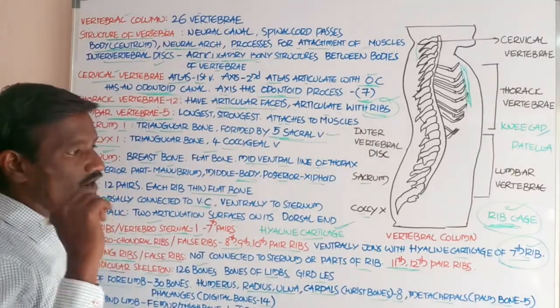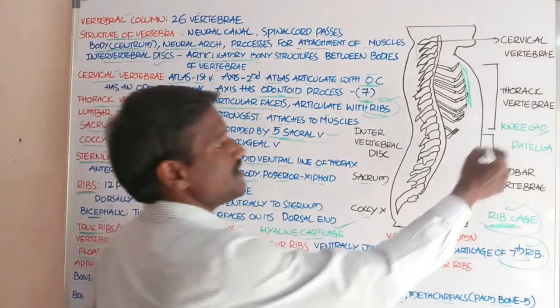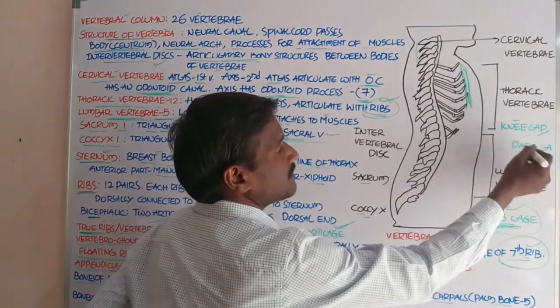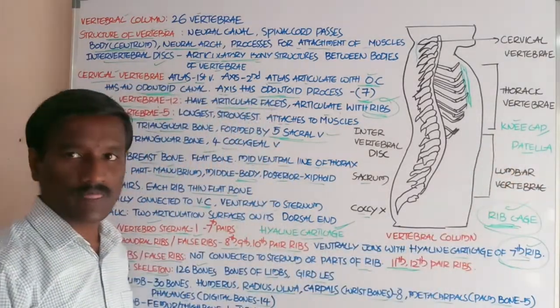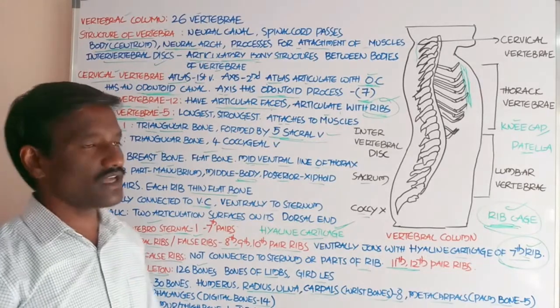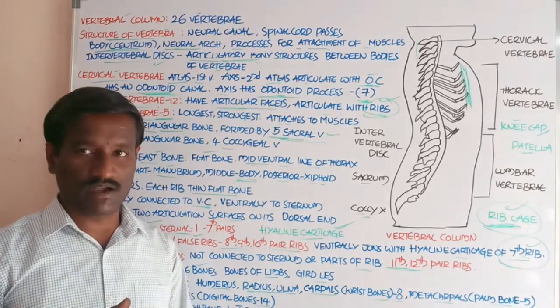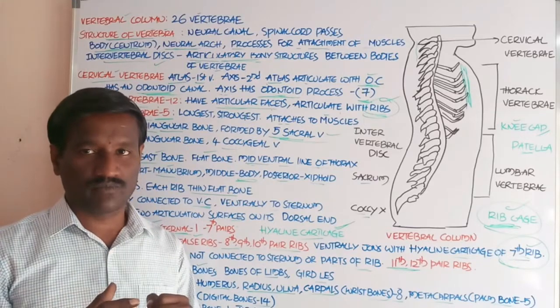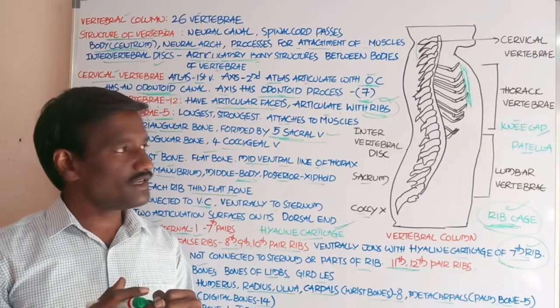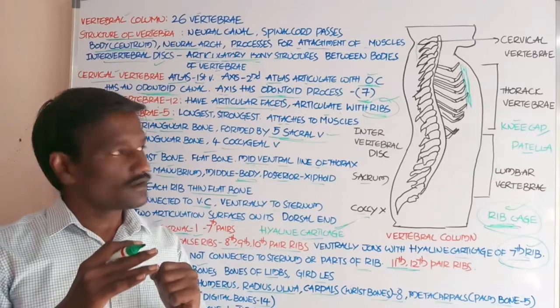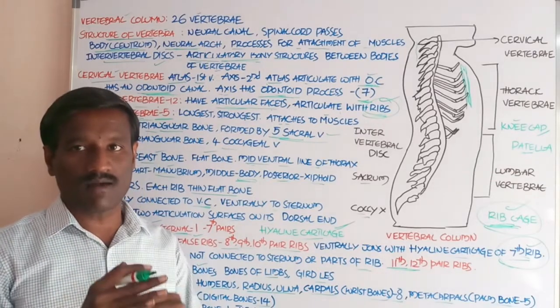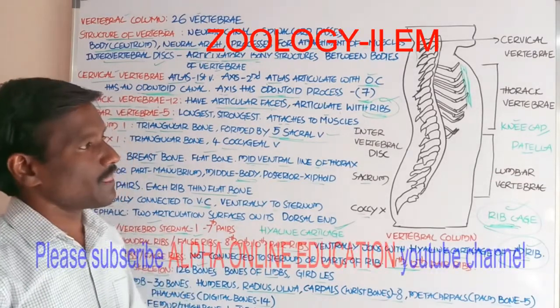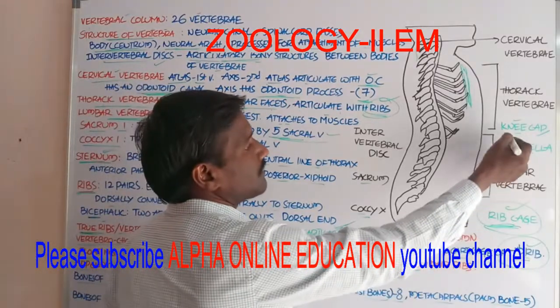The final one is the kneecap, patella. Okay student, this is a cap-like arrangement which covers the knee joint. It is an example of a sesamoid bone.